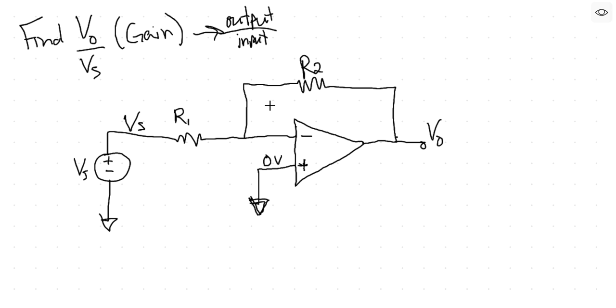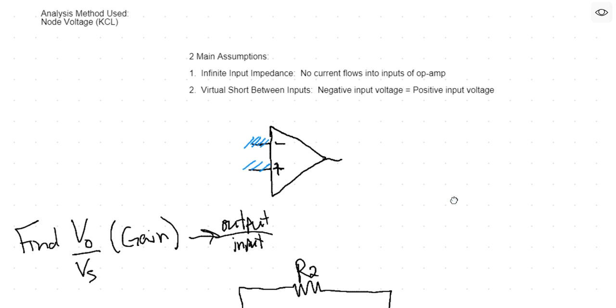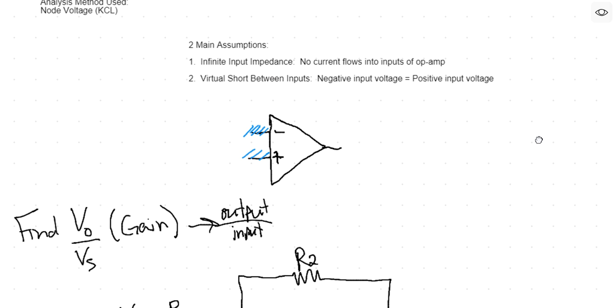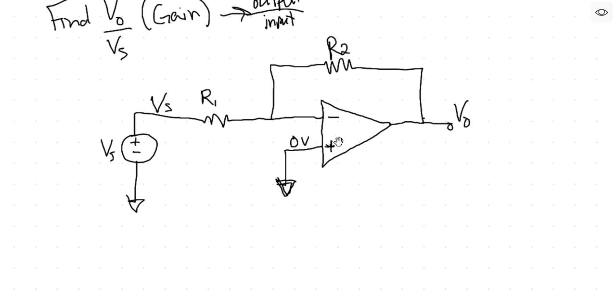And what do we know about this node? Well, when we go back up to our assumptions, assumption number 2 says that we're going to assume there's a virtual short between the inputs. So the negative input voltage is the same as the positive input voltage. What's the positive input voltage? Its voltage is 0.